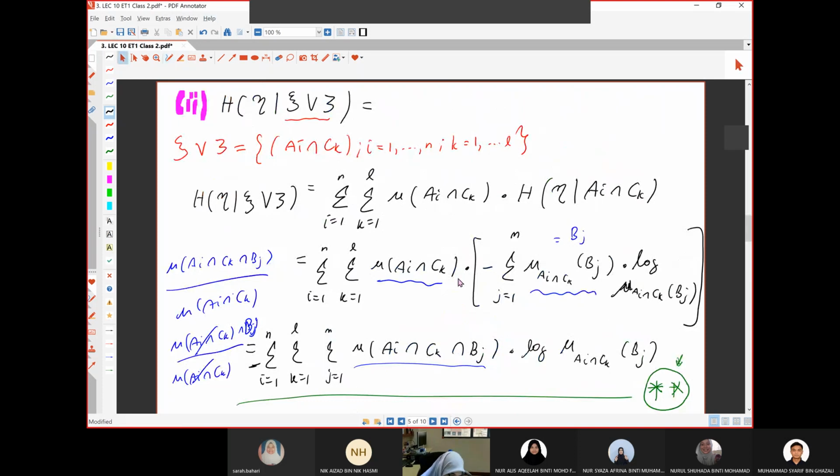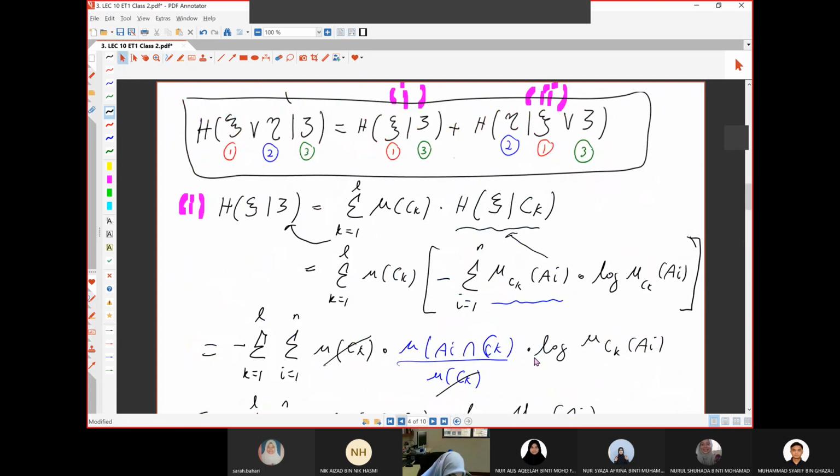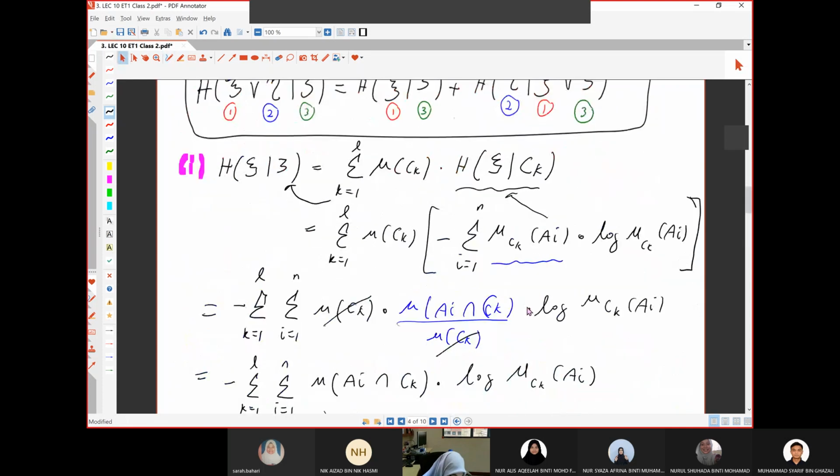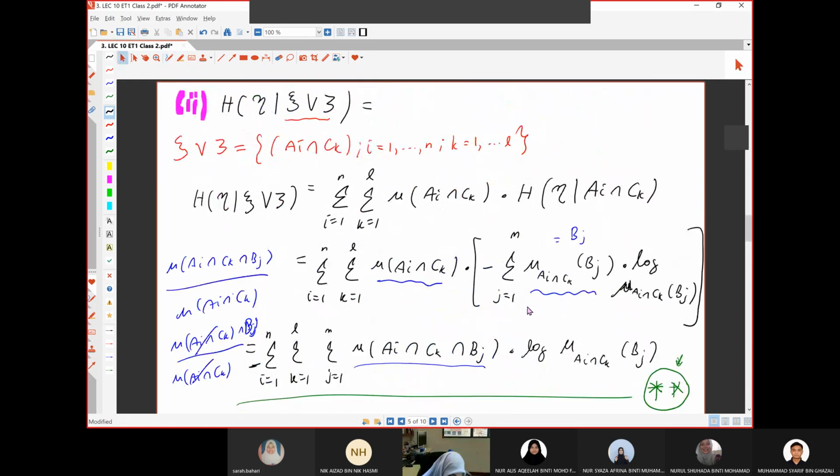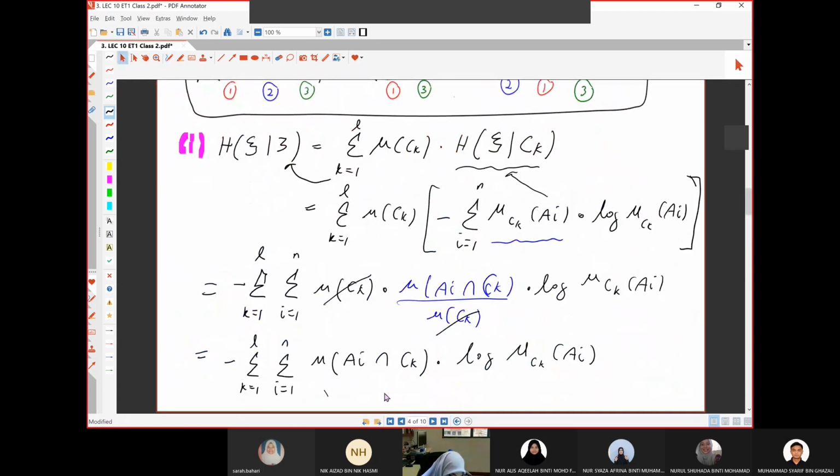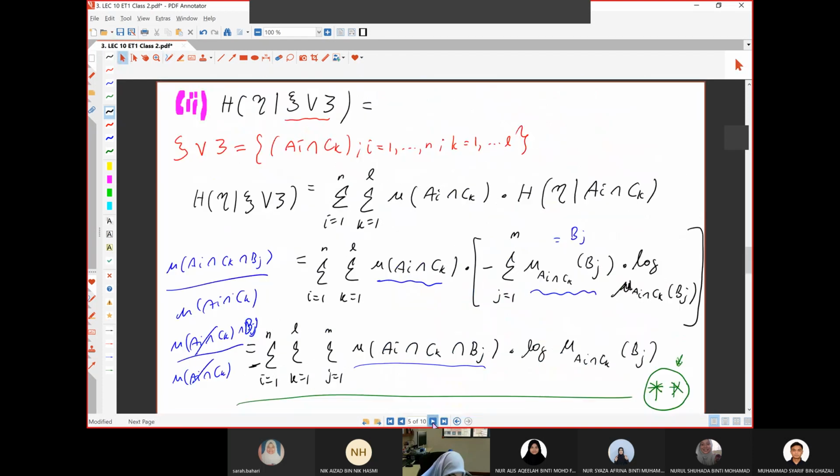This triangle, we will not have B. There is no BJ in our sum. That's why we want to eliminate B. Okay, so we go back. Sorry if it is confusing.